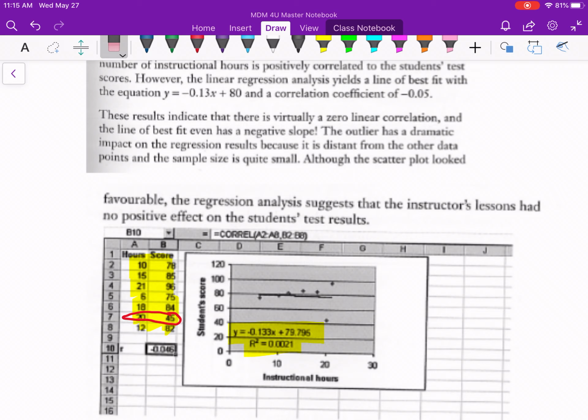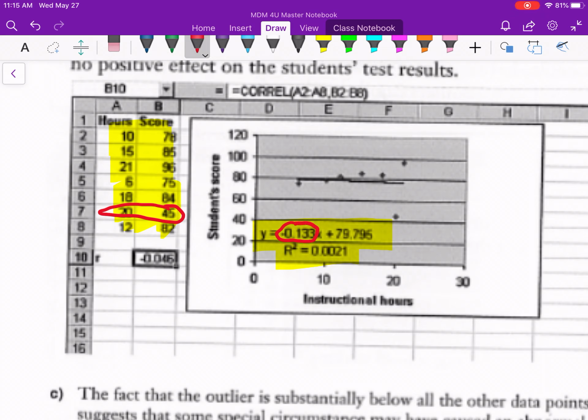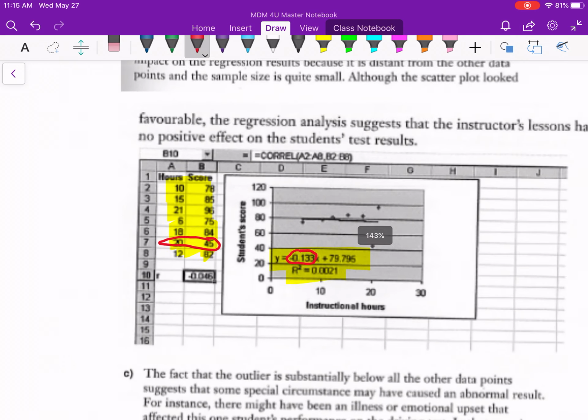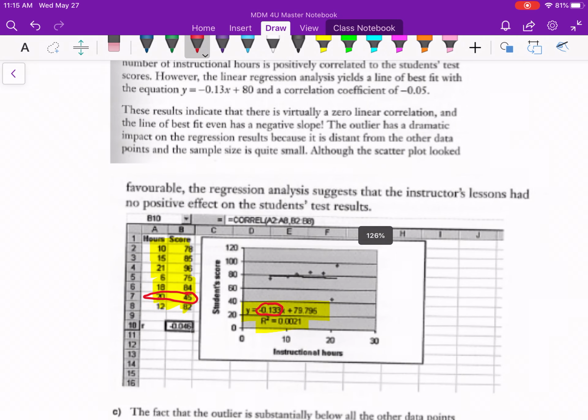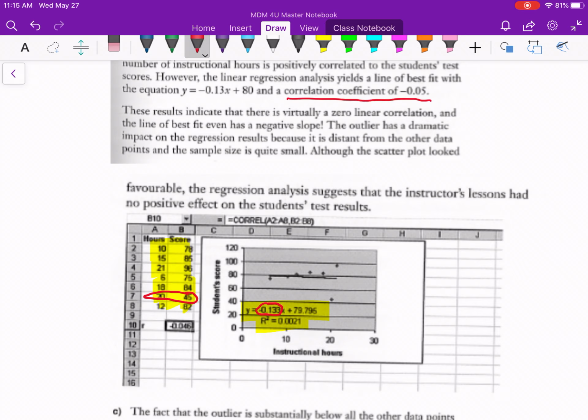What does that mean? That negative slope is actually saying that the more hours a student gets with the instructor, the worse they would do on their driving test, which doesn't make a lot of sense, either logically or looking at the graph. Again, it's because of the outlier. We also have a correlation coefficient of negative 0.05.